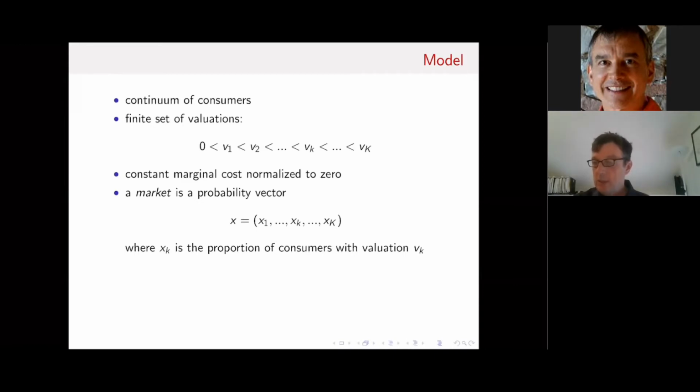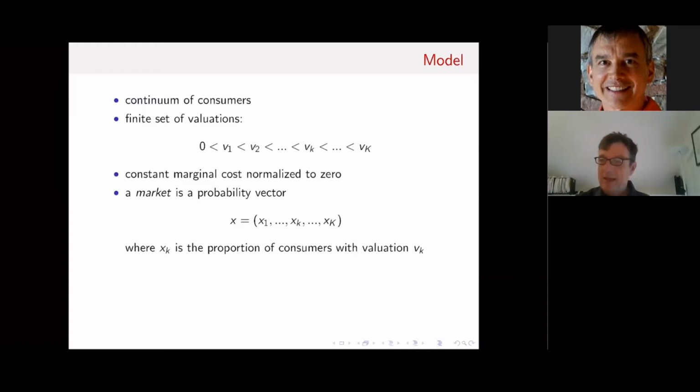Okay. So here is where we want to go a little bit slow and explain the setup of the model a little bit, but it should be pretty transparent. Okay. So we basically want to think about the market as a probability vector that specifies, in each entry of the vector, the proportion of consumers who have valuation VK. Okay.